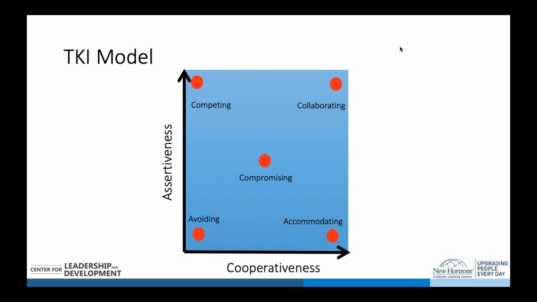Certainly, if we go to the bottom left and avoiding conflict, just saying, hey, I'm not in conflict here, it's okay, we're just going to move on, nothing to see here, just keep going, and we just pretend that conflict doesn't exist. That is a strategy. I'm not certain that it's going to be a very effective strategy for very long.